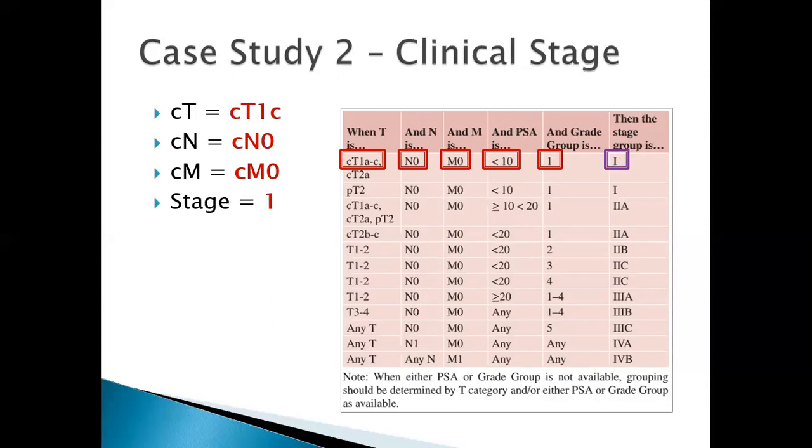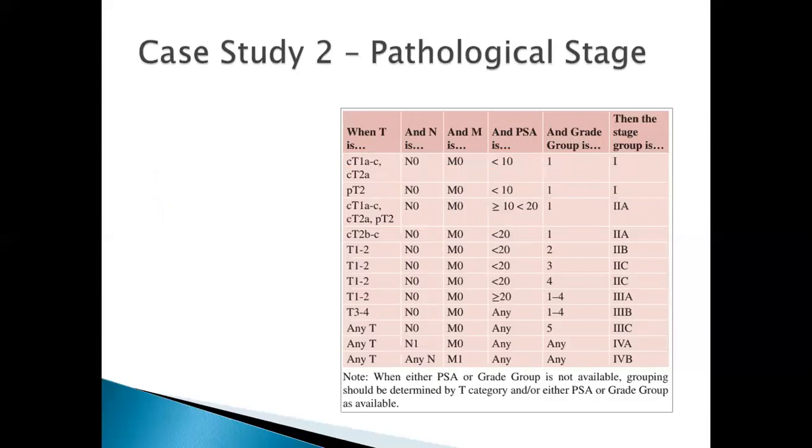So stage 1, just the number 1. Pretty simple one. Actually, the negative DRE and the positive biopsies are really pretty simple to assign because it can only be a clinical T1C.